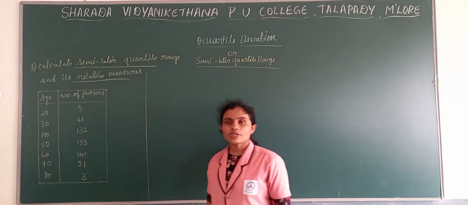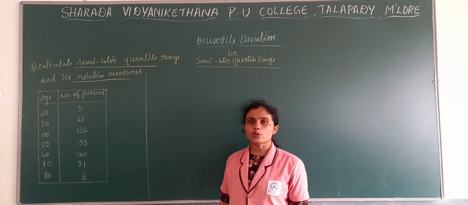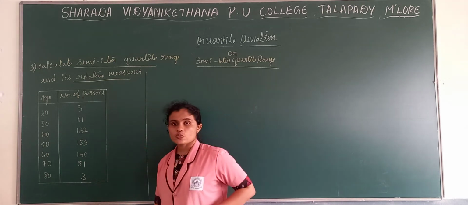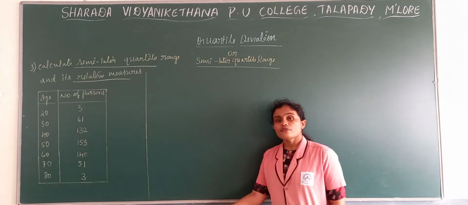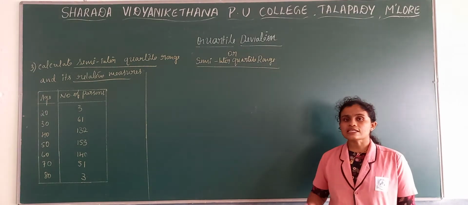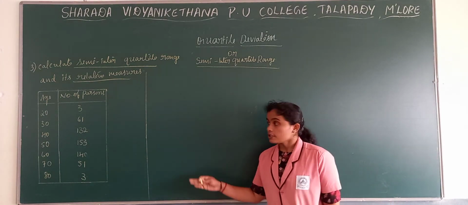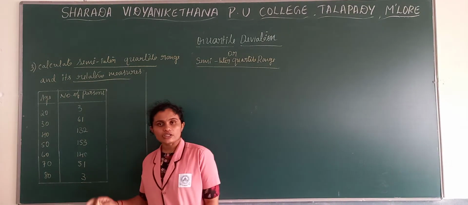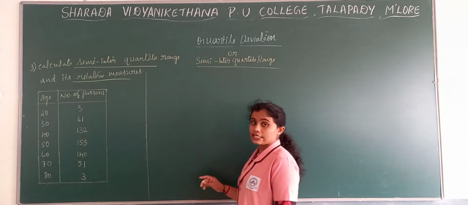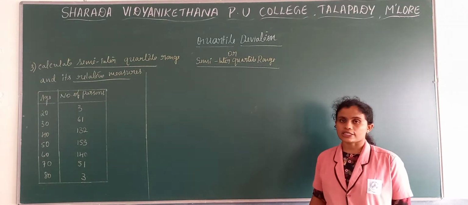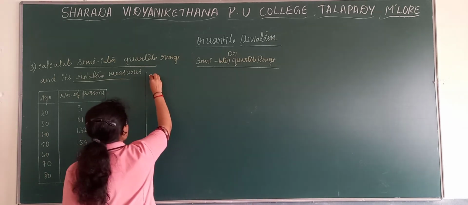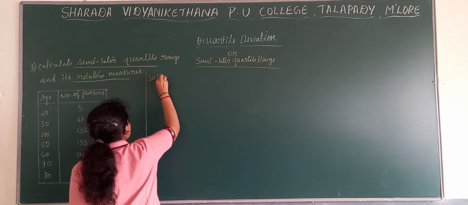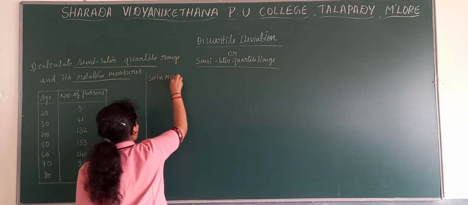The problem we solved just now was ungrouped data; their frequencies were not there. So here we have frequencies. So we have to apply the discrete formula in case of quartiles in order to find Q1 and Q3. Now firstly, we need to find the quartile deviation and its relative measure, which is the coefficient.